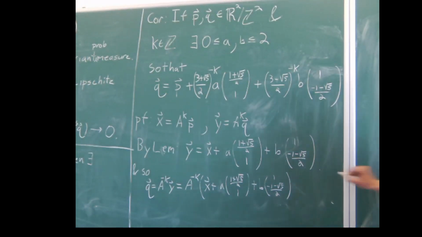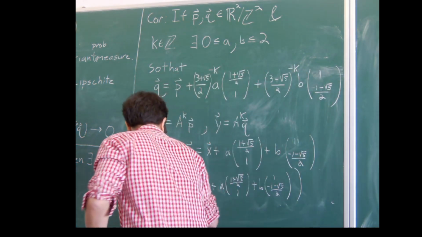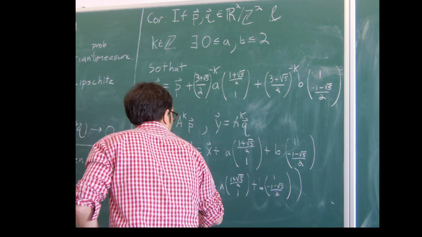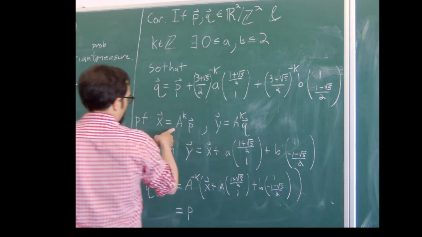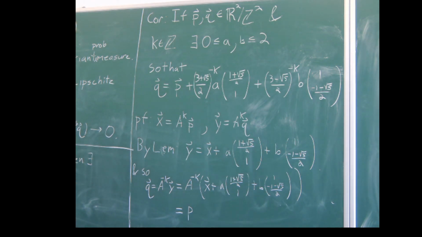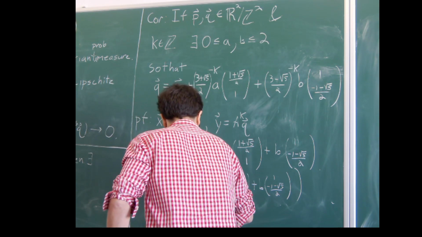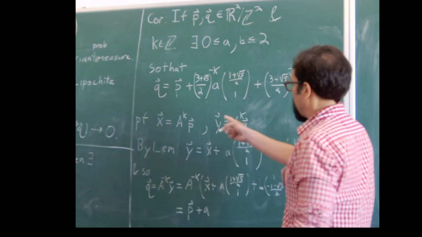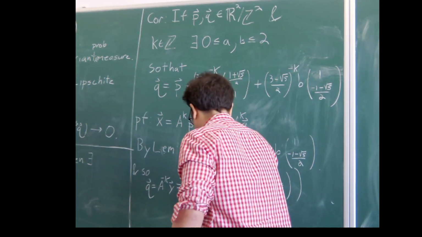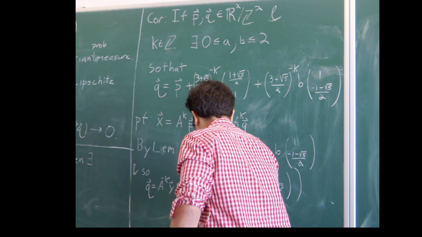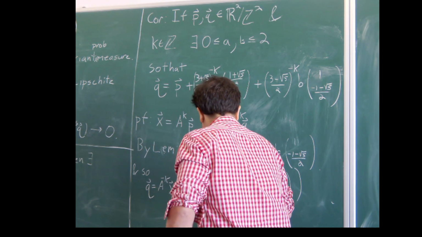And now I can distribute my A to the minus K across just by linearity. My A to the minus K of X is going to give me P. A to the minus K, A to the K, P is just going to be P. Plus A times how A to the minus K acts on this matrix. And it's an eigenvector, so you just act by the eigenvalue to the power.